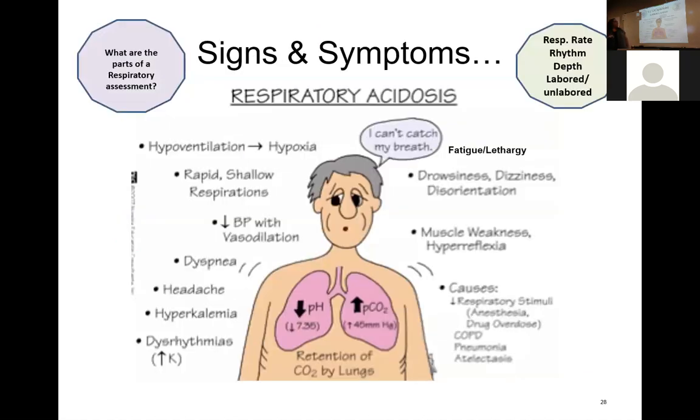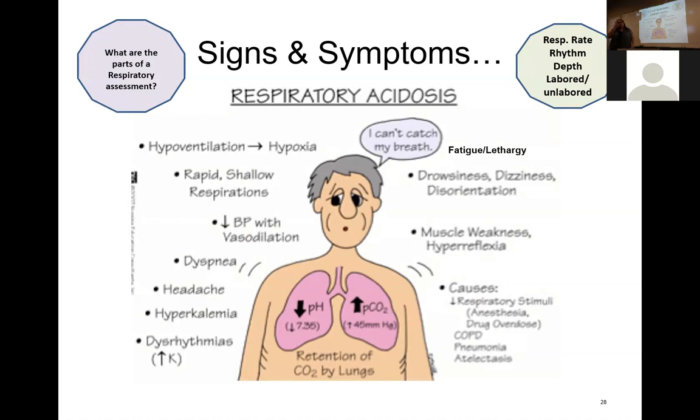Good. Here's our picture of respiratory acidosis. So you can see that I've added a few things to this slide, not just a picture. I've added a question. You know, it's all about respiratory, so we need to make sure that we know how to do a respiratory assessment. What kinds of things are we looking for to determine the respiratory status or condition of our patient?